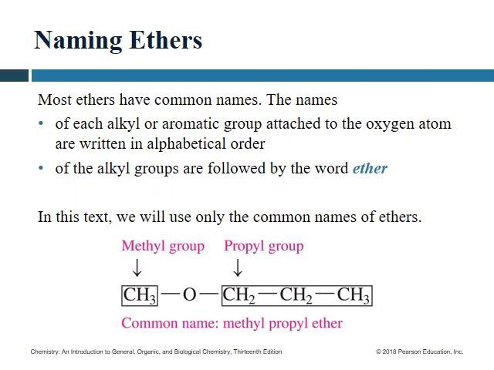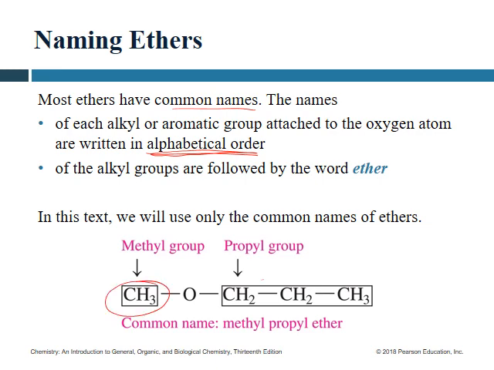So for most of the ethers, like I said, we use common names. If you have two different alkyl groups, for instance in the previous one it was both methyl, how would you name it? You would follow the alphabetical order. In this case, the first thing we have to recognize is that this is an ether. It has a C-O-C bond. Then you find whatever is attached to the oxygen separately.